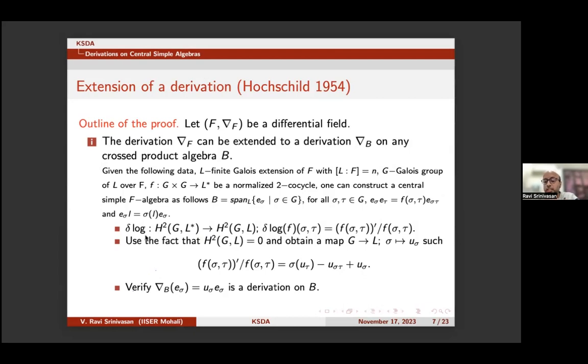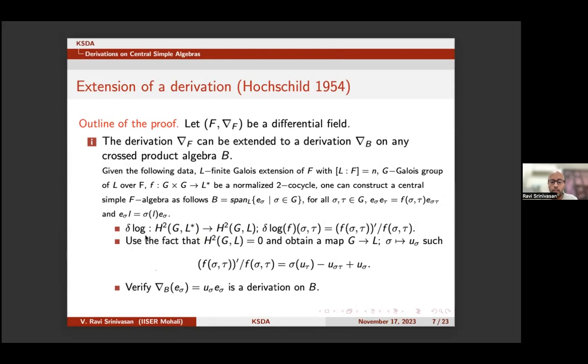This multiplication will become associative because F is a normalized 2-cocycle. And then E sigma times L is sigma(L) times E sigma. Using this, one can show this is in fact a central simple algebra.